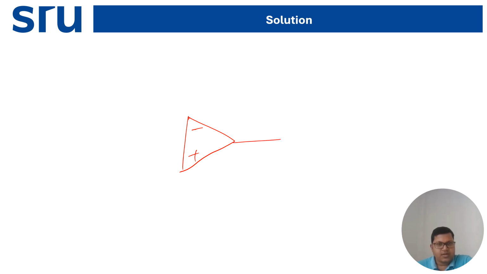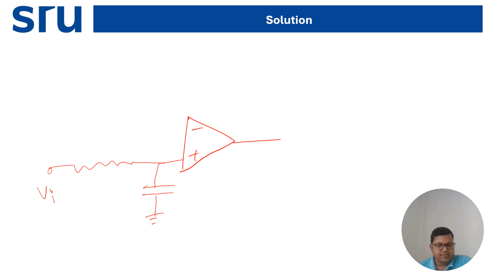As you know, for the low pass filter the capacitor will be connected here and then grounded, and a resistor will also be connected here along with the input voltage Vi.